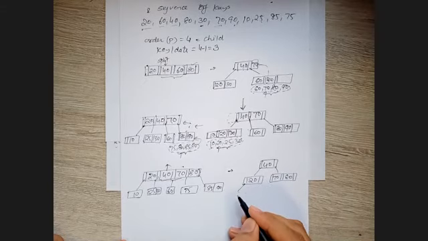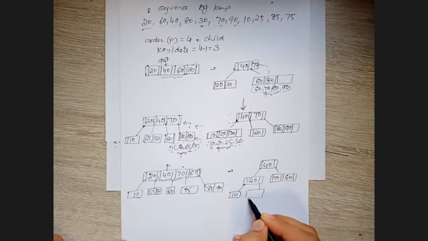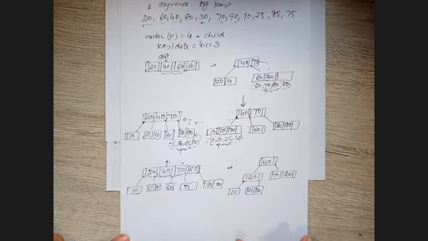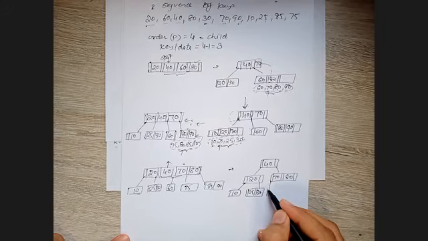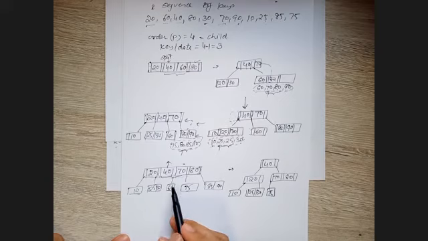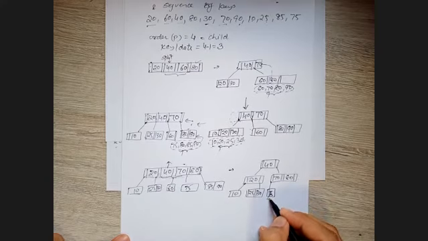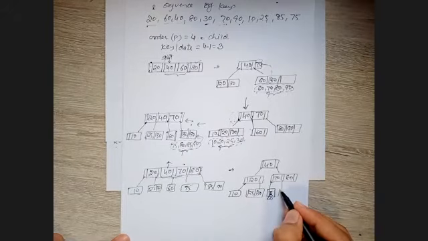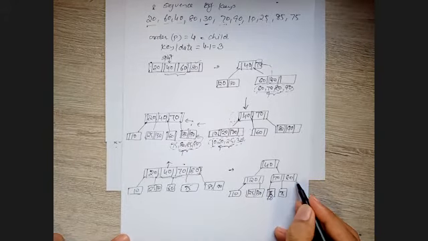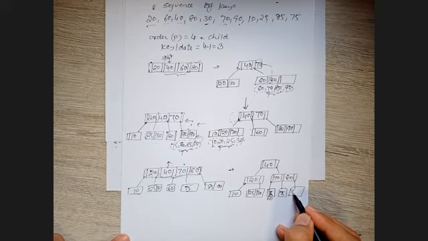For this, 10 will be here, and this will be 25 and 30. For this one, 60 over here, and this is 75, and this is 85, 90.